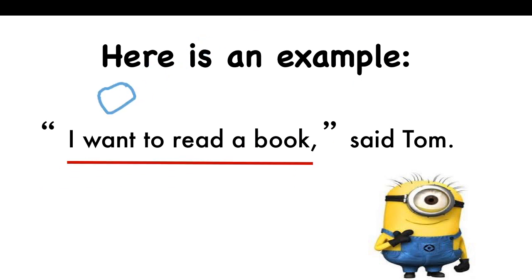So, see, there are quotation marks at the beginning to show where the quotation begins, and there are quotation marks at the end where the words that Tom says end. So what did Tom say? "I want to read a book." The beginning is before the word I, and the ending of the quotation is after the word book.